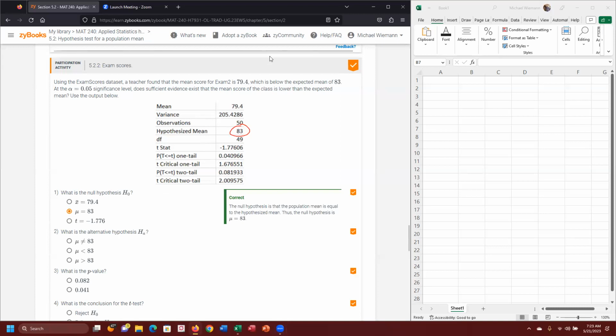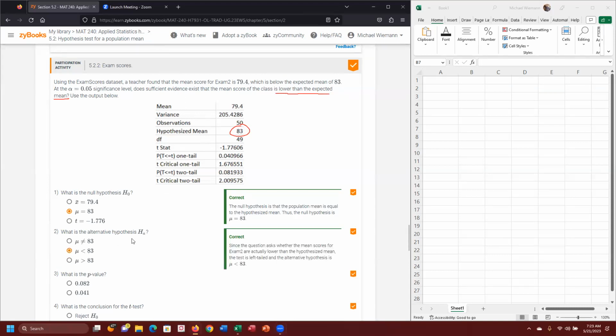The second question, we have to analyze what is given inside the context of the problem. In this case, sufficient evidence that the mean score of the class is lower than, keyword lower than, is going to be a less than relationship. So on the alternative hypothesis, we are going to utilize the less than symbol to analyze that. So relative to that, inside the problem is what tells me that is the less than relationship.